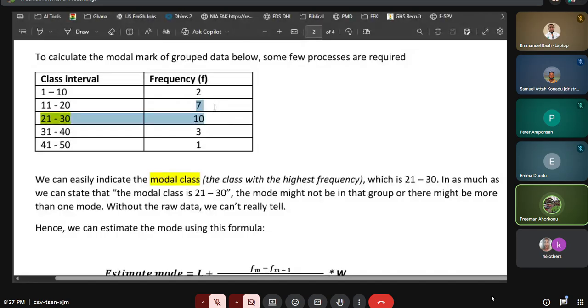The frequency is 7. What is the class after the modal class? It is 31 to 40. What is its corresponding frequency? It is 3. So that's all we are doing now.